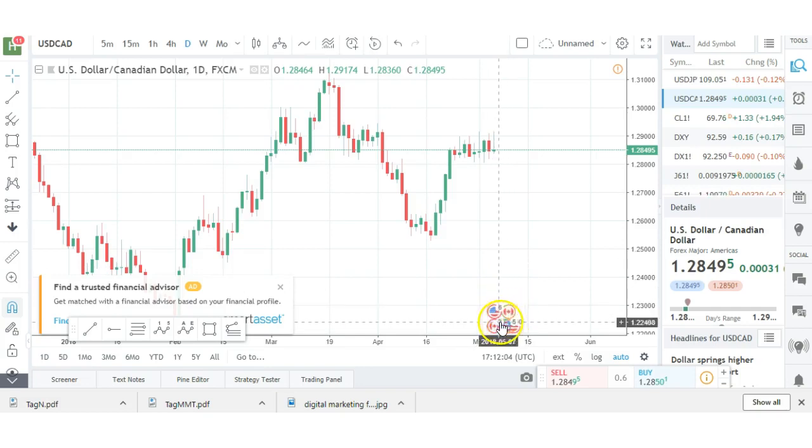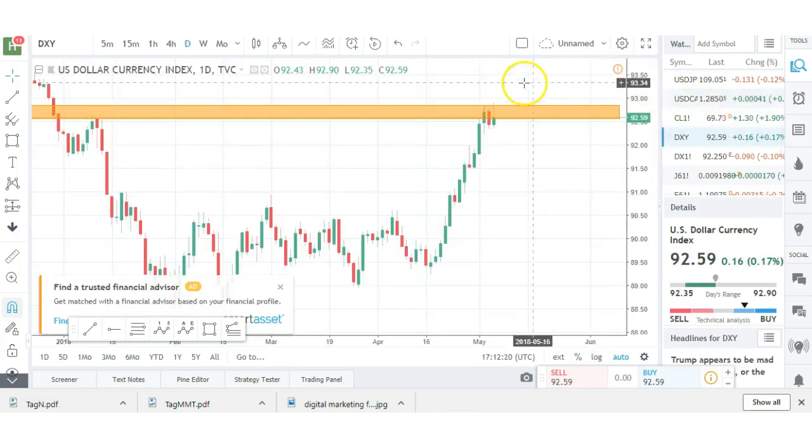We have CAD news coming up. We have a lot of news coming up in the next few days. Sometime next week. Okay. So that will either shoot this past the resistance zone or to move this market downward.